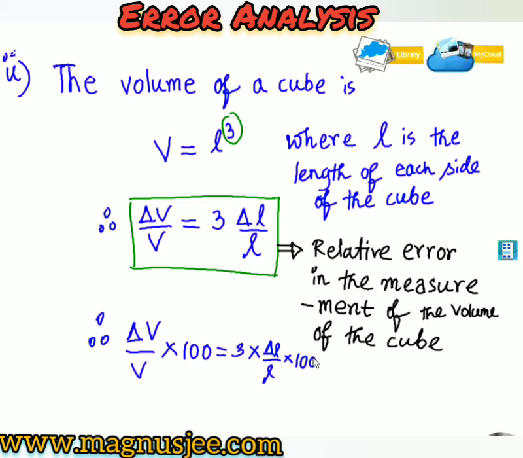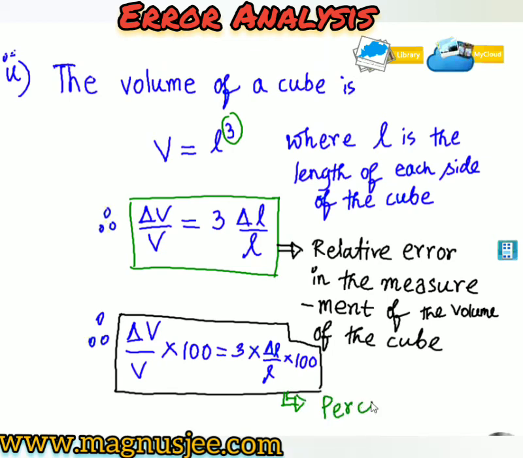This is the expression of percentage error in the measurement of the volume of the cube. Delta V by V into 100 is the percentage error in the measurement of the volume of the cube.